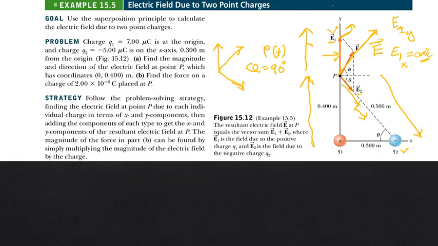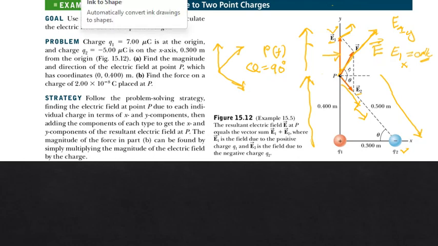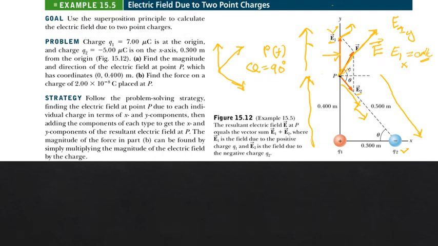The angle is 90 degrees because of this perpendicular line here.